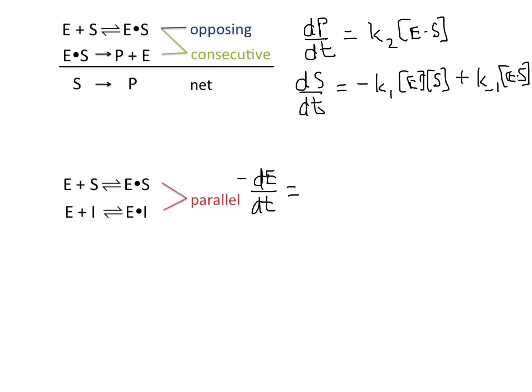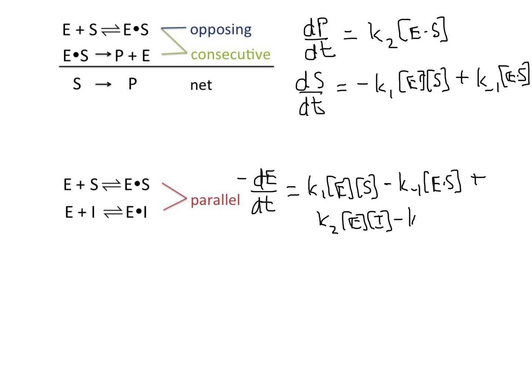I will write K1 times E times S, minus K minus 1 for the reverse reaction times the enzyme substrate complex concentration, plus the enzyme also disappears when it reacts with the inhibitor, so plus K2 times E times the concentration of inhibitor, minus K minus 2 times the concentration of the enzyme inhibitor complex.